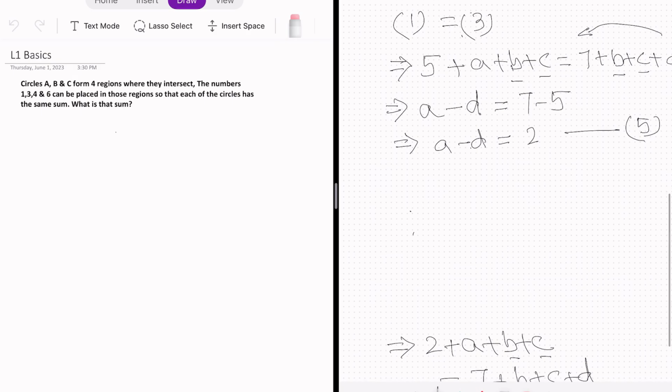Much like what I did earlier, I'll equate 2, 3.